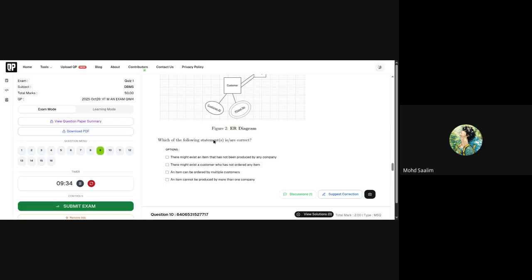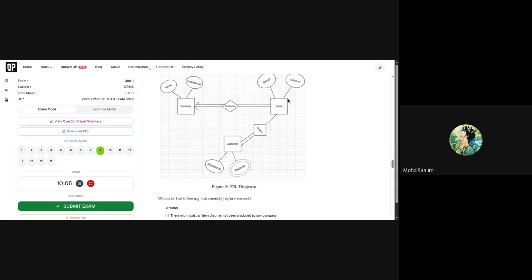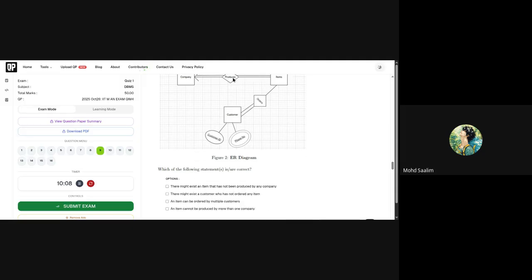Yes. Which of the following statements is or are correct? There might exist an item that has not been produced by any company. So you can see in this question, they are testing your knowledge on interpreting the type of cardinality and the type of participation. So when they are asking there might exist an item that has not been produced by any company, what they are testing is, do you understand the full participation part of these items in this produces relationship? Because there is a full participation, this statement is incorrect, right?